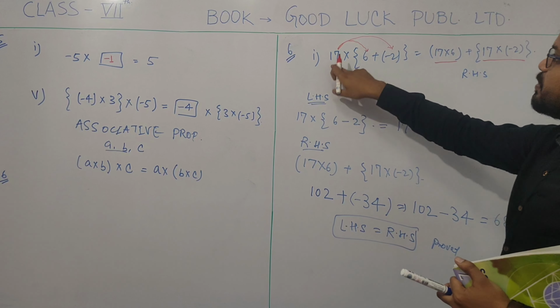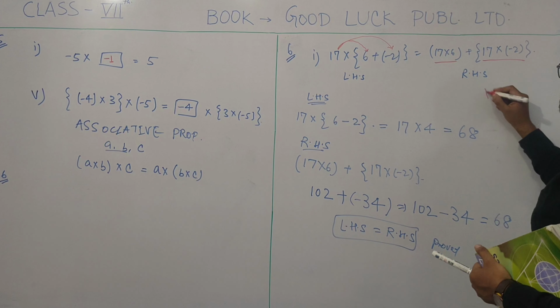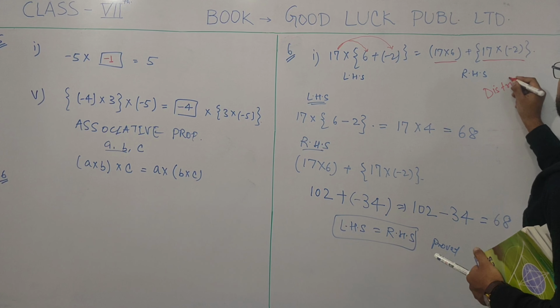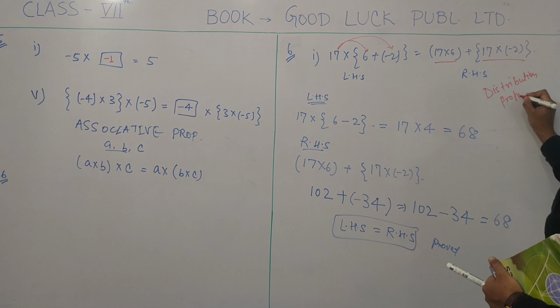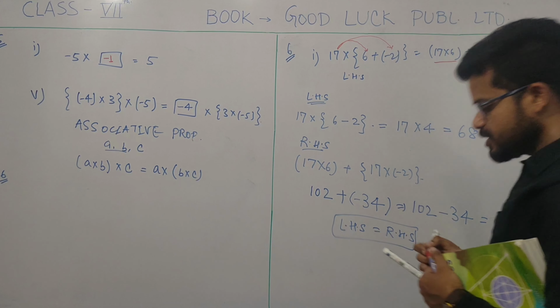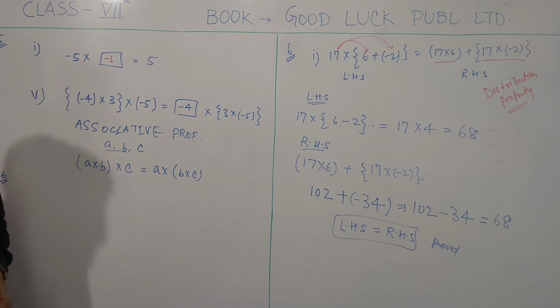So here I simply distribute this number to both these numbers. So this property is the distribution property. Now next question.